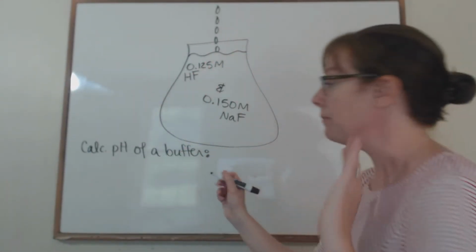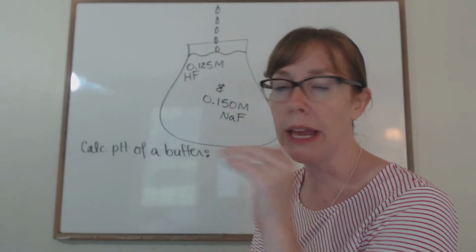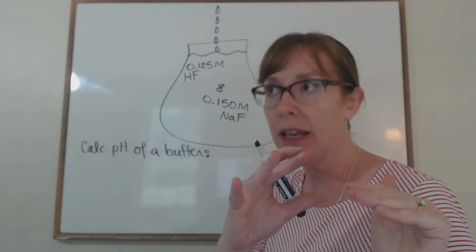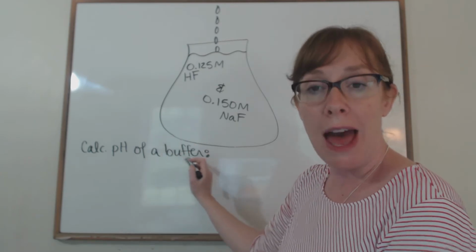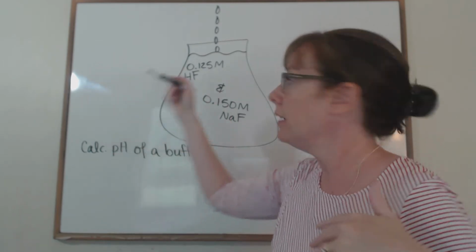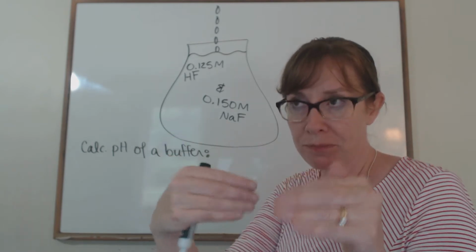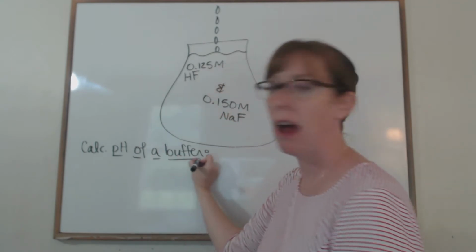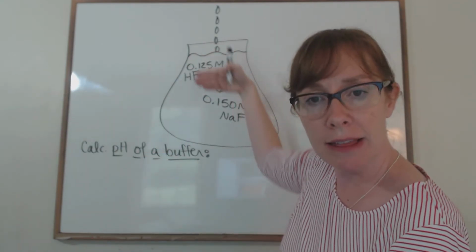And that's different than calculating the pH of a weak acid, where remember, you need to use the ICE tables. Or calculating the pH of a weak base, you need to use the ICE tables. A buffer will have both a weak acid and its conjugate base. So it really has both species present, and they will most likely use the terminology calculate the pH of a buffer containing, let's just say, this and that.